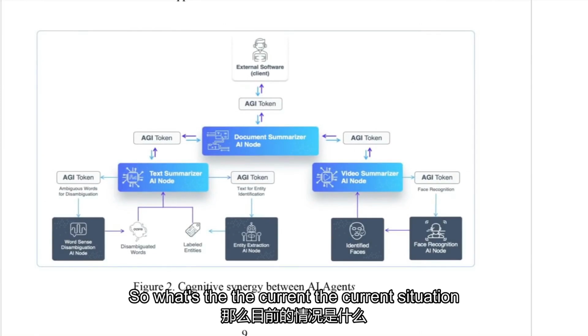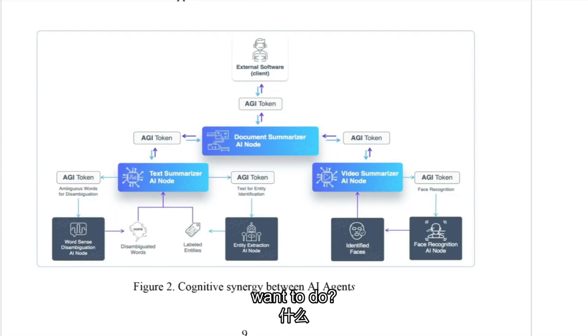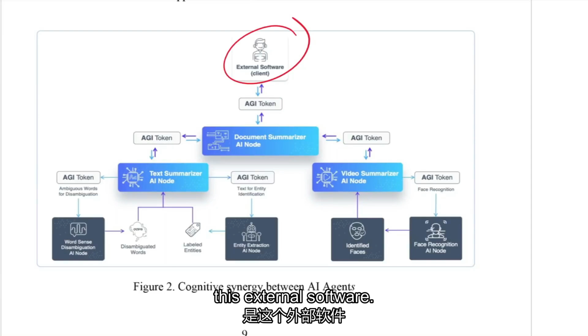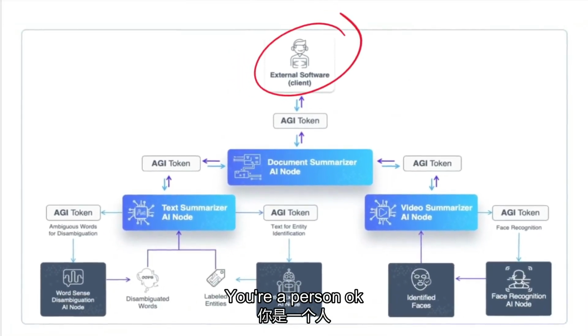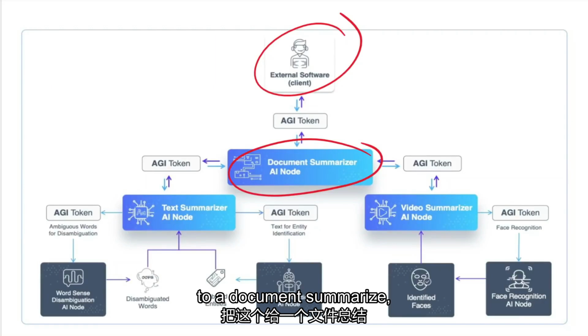So what's the current situation and what does SingularityNET want to do? Let's say you are this external software. You're a person, okay? And what you want to do is summarize a document. The view that this system has is that you could give this to a document summarizer.